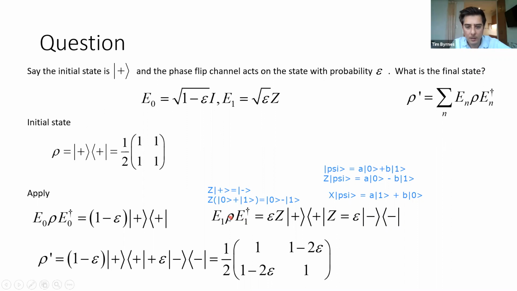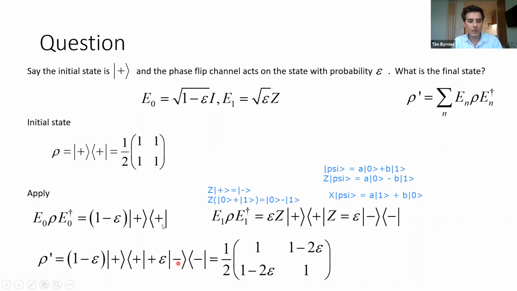And then you've got that density matrix, and you add them together, and you can convert to the matrix form probably at the end here. That's maybe the easier thing to do. The density matrix for this one is the same as here.